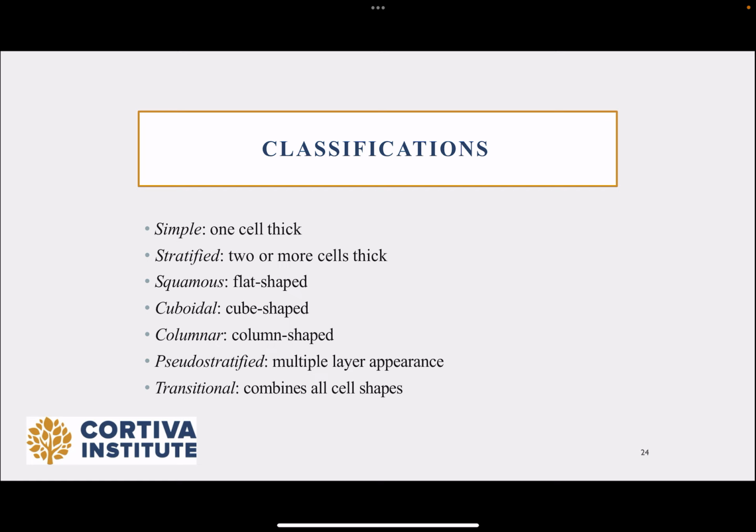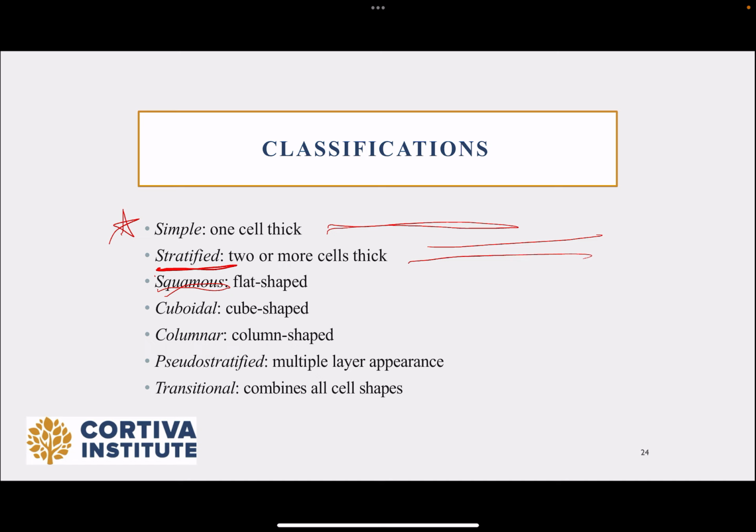There's a couple of classifications of epithelial tissue, right? So for instance, if it's one cell thick, right? So we're thinking like a thin sheet of paper, that is going to be simple. If it's a couple more sheets of paper, that is going to be stratified, 2 or more cells thick, right? If it's flat shaped, right? Like a sheet of paper, it can be also squamous, right?